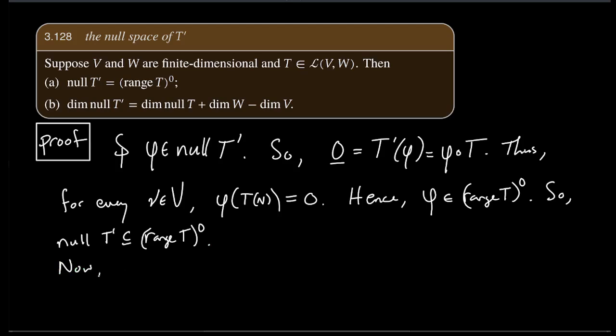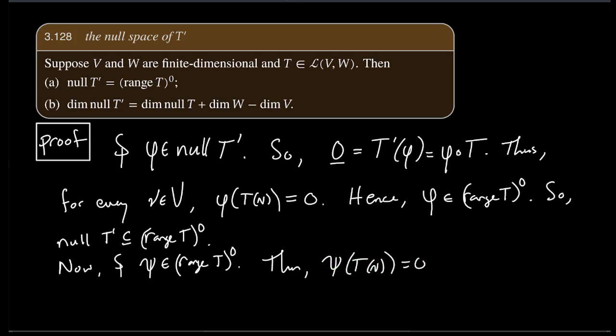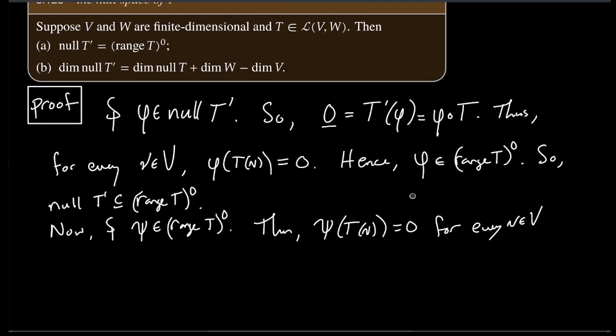Now, suppose that we have, say, some psi in the range of T's annihilator. Then psi of T of v is equal to 0 for every v in V. Oh, okay.